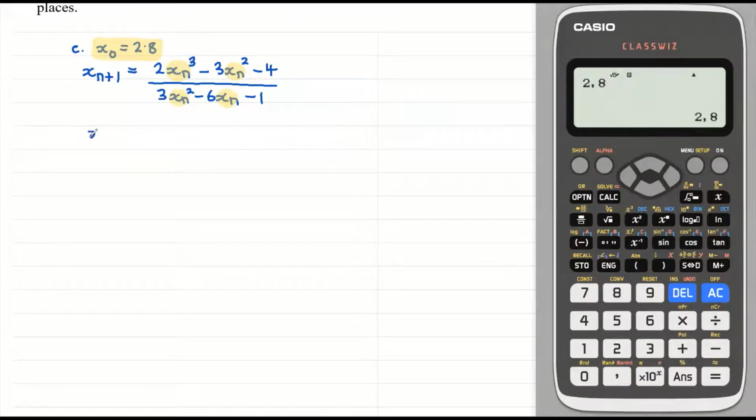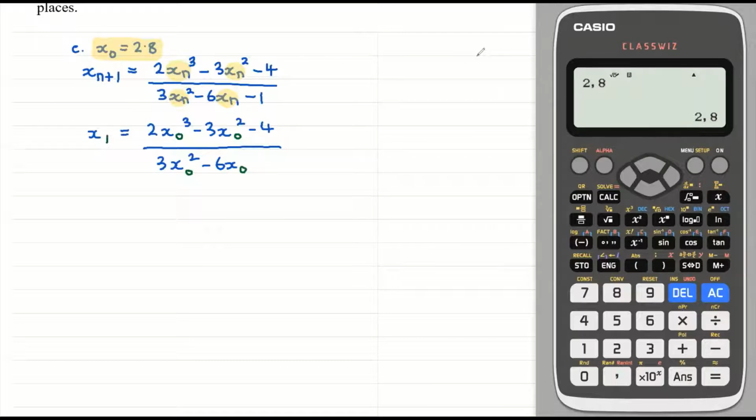So x1 is going to be equal to 2 lots of x naught cubed, subtract 3 lots of x naught squared, subtract 4, all over 3 lots of x naught squared, subtract 6 lots of x naught, and then subtract 1.